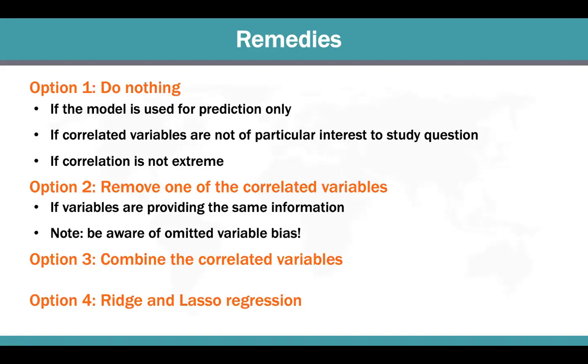You would want to remove one of those variables, but the problem with option 2 is that in trying to solve multicollinearity, you might actually be creating another problem, which is called omitted variable bias. All of a sudden you have a variable outside the model that might still be pulling the strings of the remaining variable you are left with.